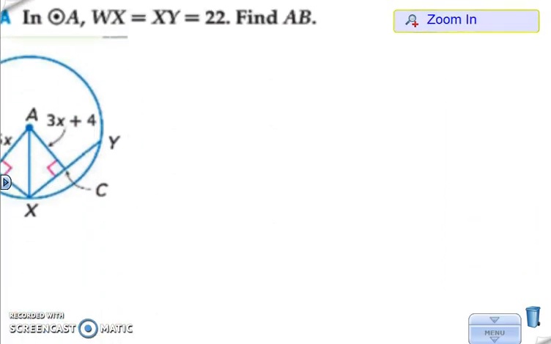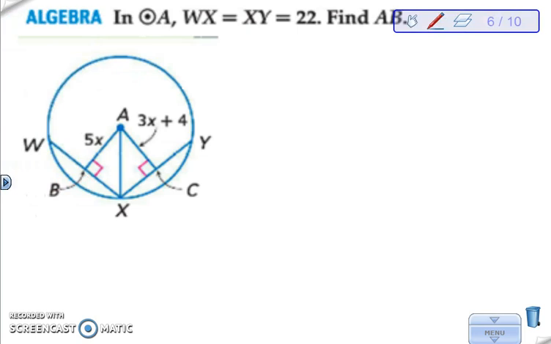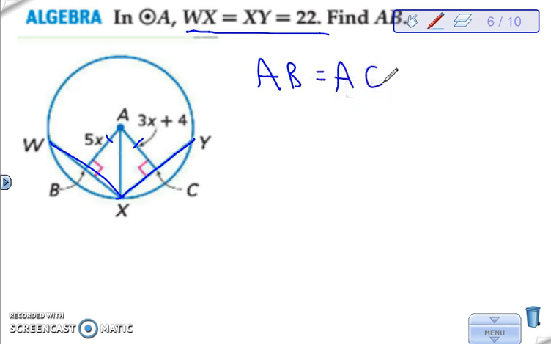So in our example, they tell us that WX and XY are both 22. So if WX is congruent to XY, that means that AB must also be congruent to AC. So if AB equals AC, we can use the equations that they gave us to solve for x.